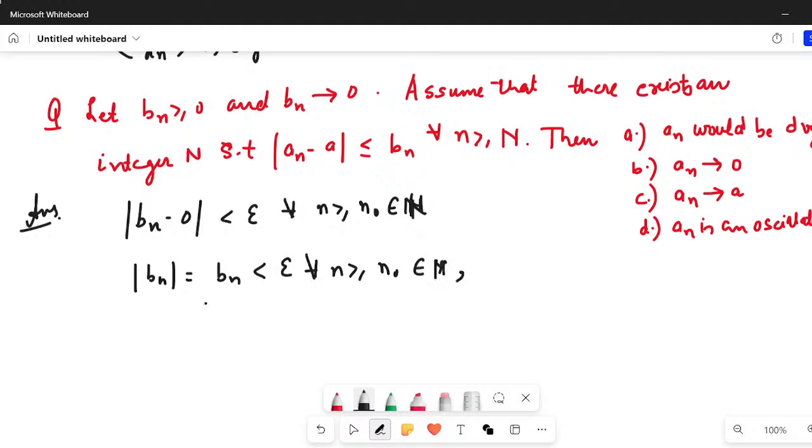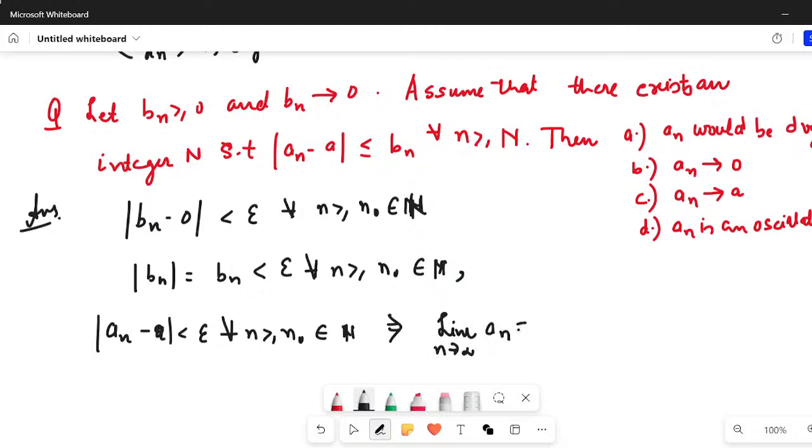So what does it imply? It implies that |an minus a| can be made less than epsilon for all n greater than or equal to n naught. It implies that the limit as n tends to infinity of an is equal to what? It is equal to a.